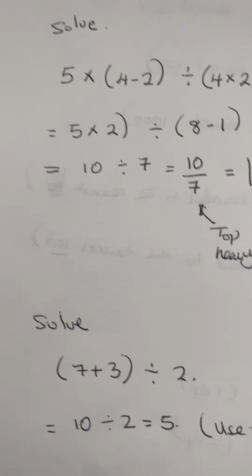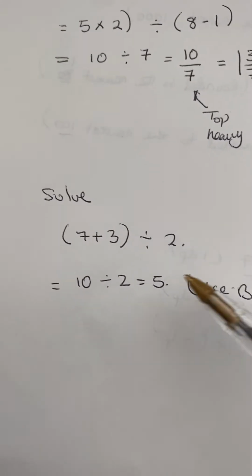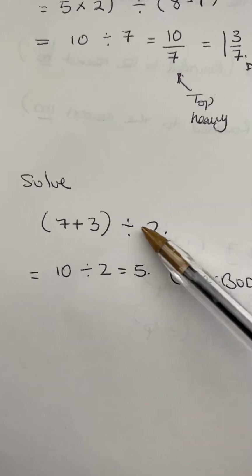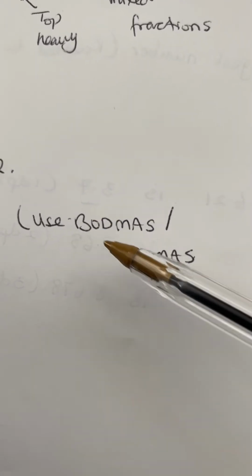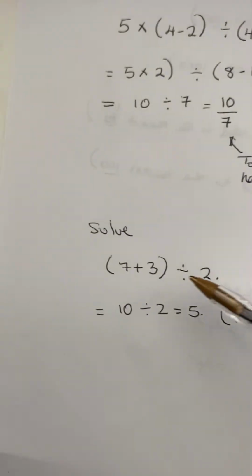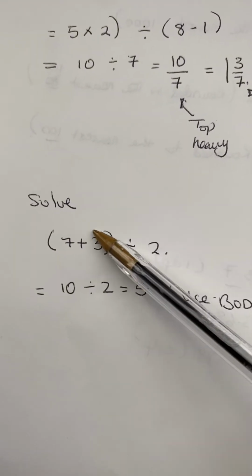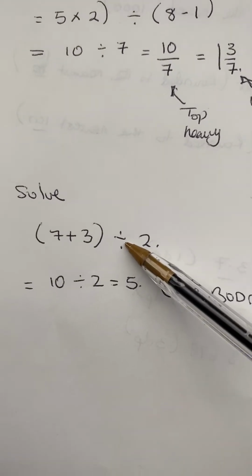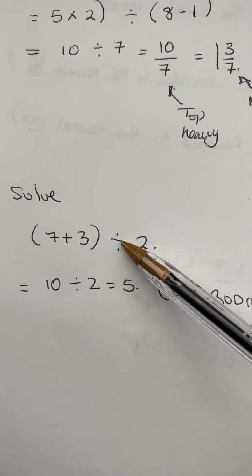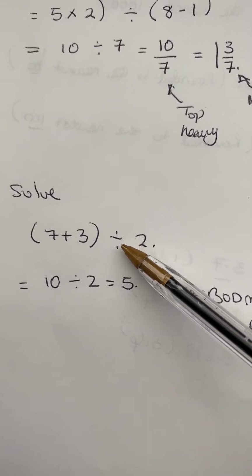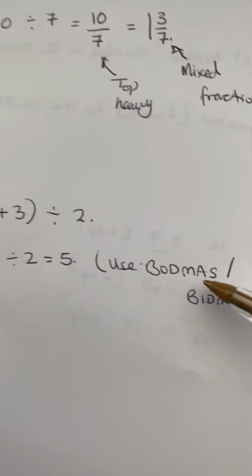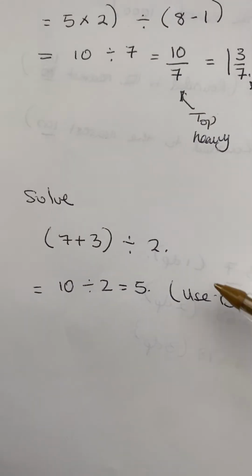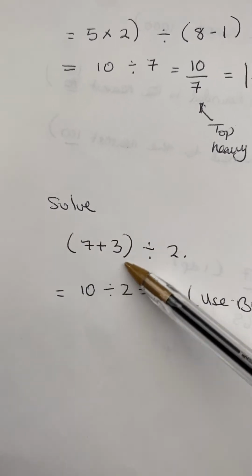Now this is also another question, so straight away it's a BODMAS question, but bracket first. So we are going to do the bracket, even though division comes before addition, because we need to prioritize the bracket.